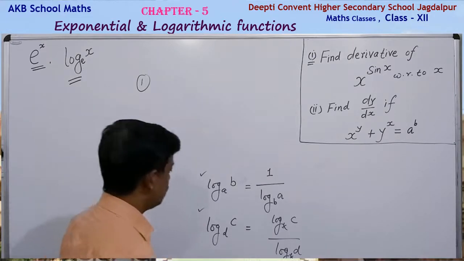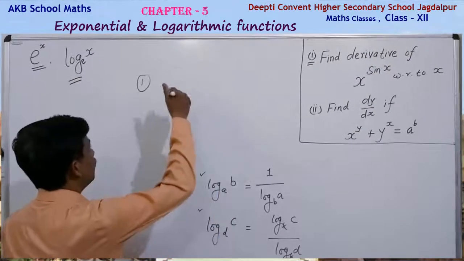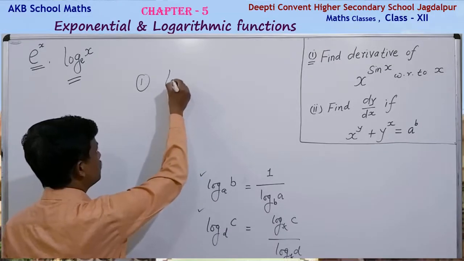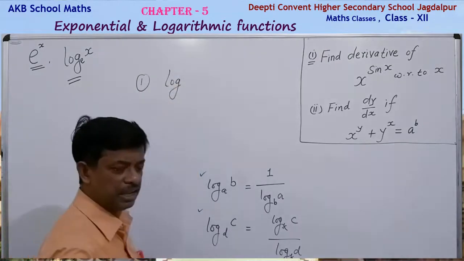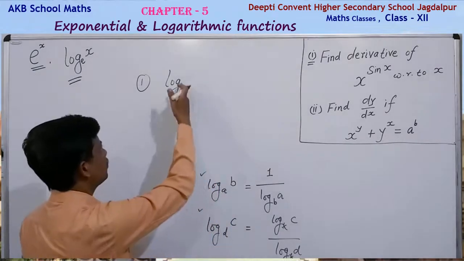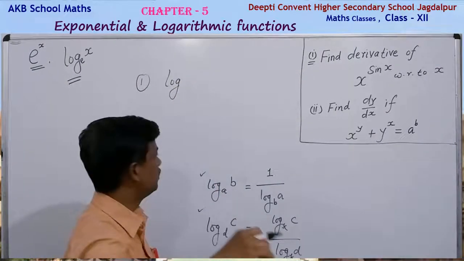Now, the first property: logarithm with base may be anything, a, b, or e. If nothing is written, that means e, the natural logarithm.